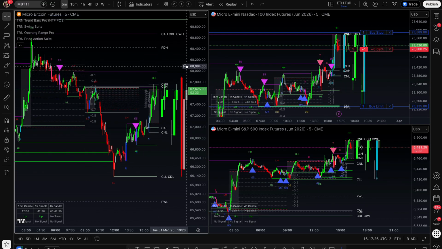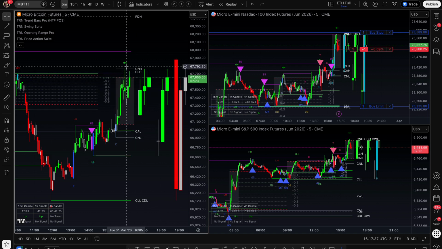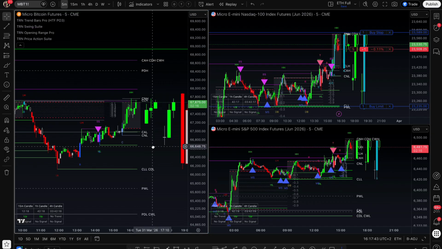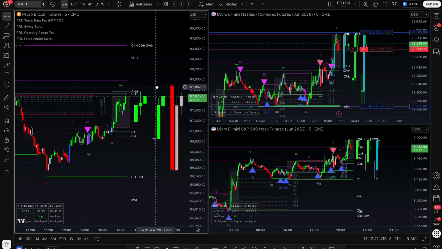Interesting to see that Bitcoin already is stronger than NQ. If I had entered the trade here, I would already be nearly stopped out because my stop would probably be up here. So that's the first sign why we only trade clean signals, because it matters.